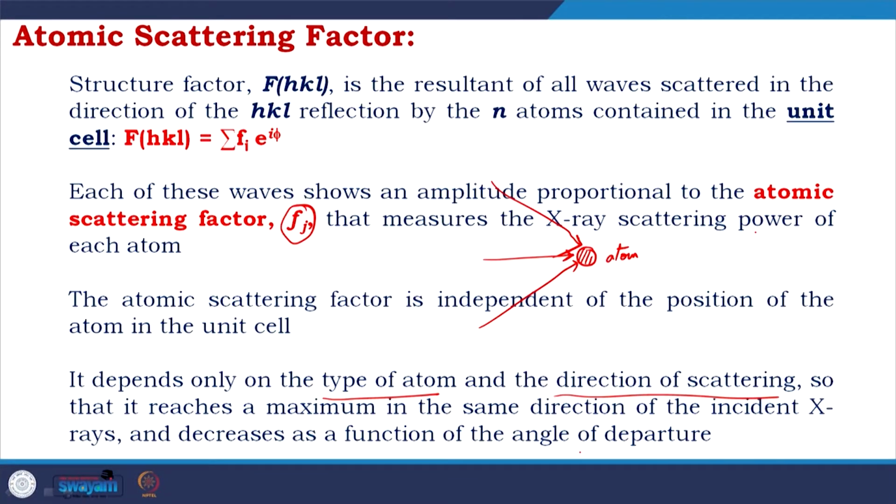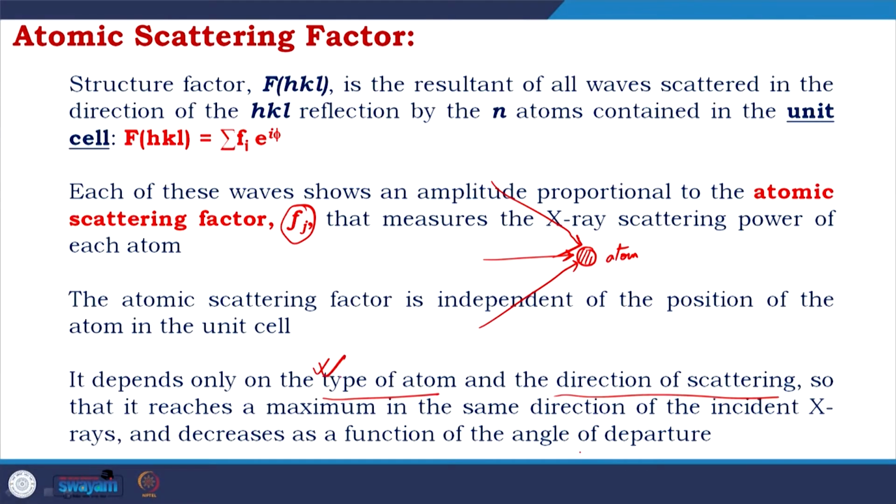So, the atomic scattering factor is independent of the position of the atom in the unit cell. It stays in one position, but it changes when you rotate it. It is there in the unit cell, but how the rays are coming and where they are hitting changes.